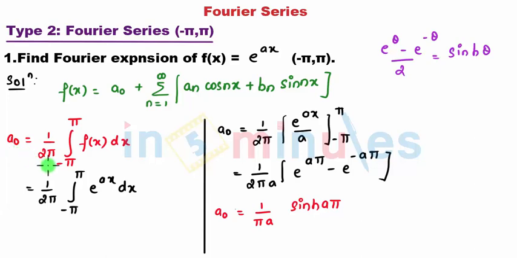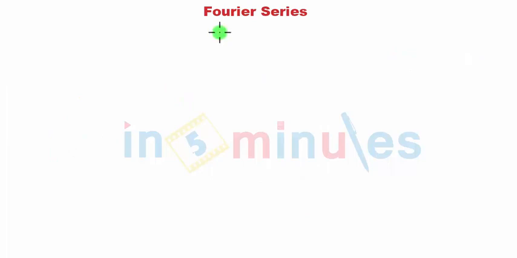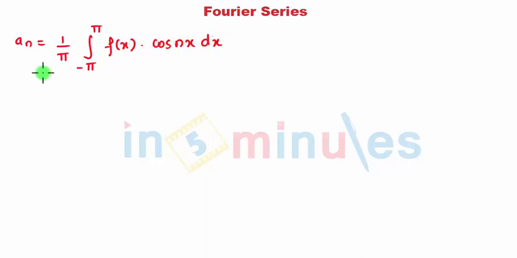We know our an formula will be changed only in the range. So my an is 1 upon pi, minus pi to pi, f of x into cos nx dx. Now let's substitute the function. That becomes 1 upon pi, minus pi to pi, e raised to ax into cos nx dx.